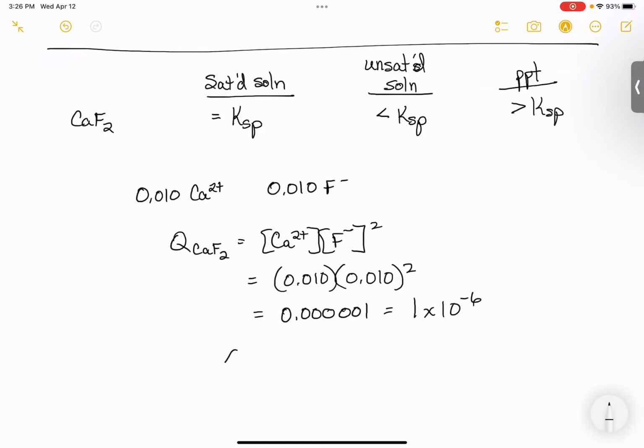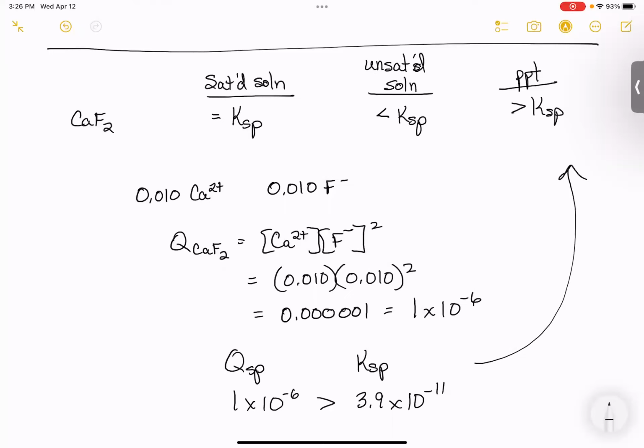Because that QSP of 1 times 10 to the minus 6 is greater than the KSP of 3.9 times 10 to the minus 11, you would get a precipitate, meaning you can't add equal concentrations of those values together. Does that make sense now?